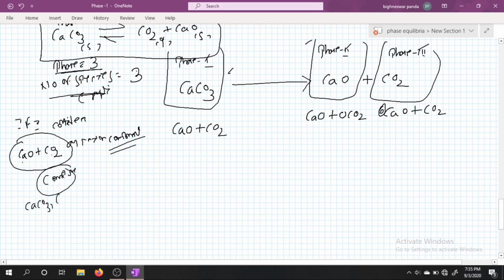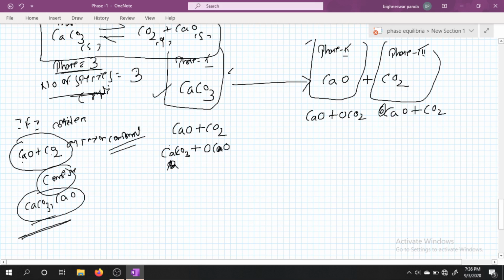calcium carbonate and calcium oxide. Consider this is your minimum number of component. If this is our minimum number of component, so I can simply write here calcium carbonate plus 0 calcium oxide. By using this minimum number of component, I can explain phase 1, phase 2, phase 3.